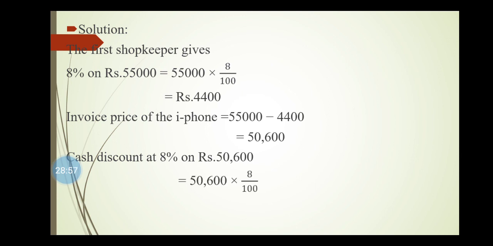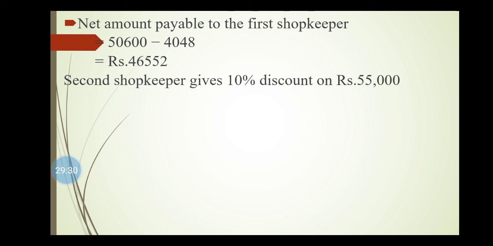So we will calculate 8% of 50,600. It is equal to rupees 4,048. This is the cash discount. So the net amount payable to the first shopkeeper is 50,600 minus 4,048, that is rupees 46,552.